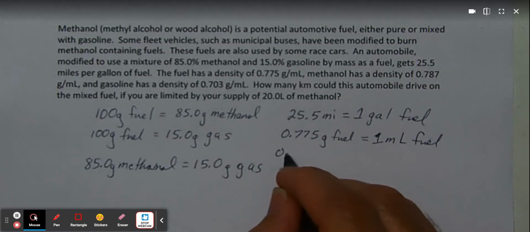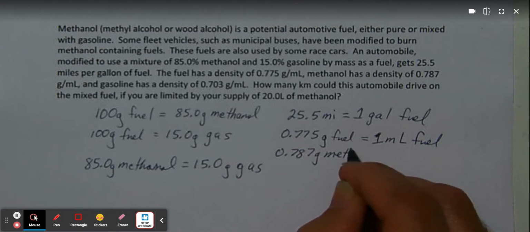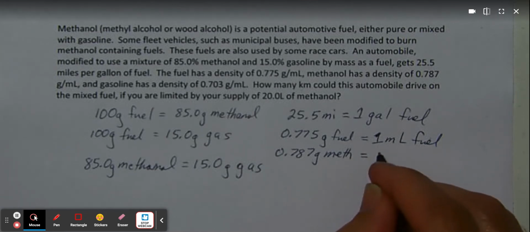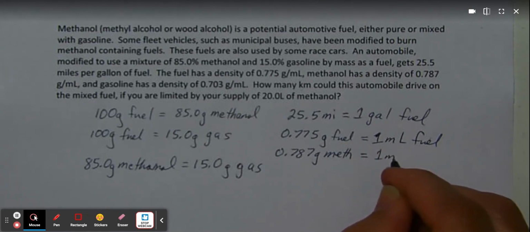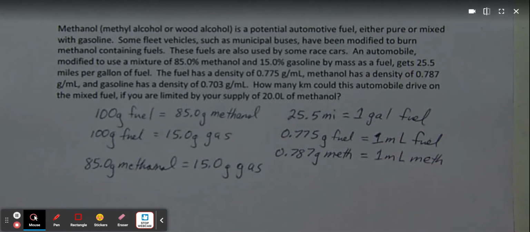And for the density of methanol, 0.787 grams of methanol, which I'm going to abbreviate as meth, is equal to 1 milliliter of methanol.